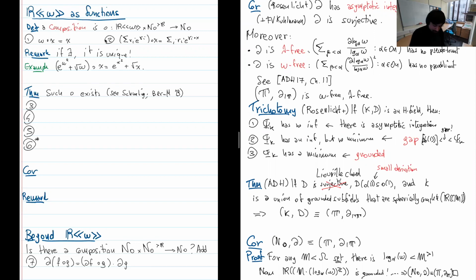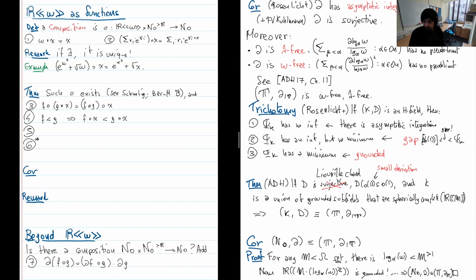So we have extra properties. It exists, but also we have, for example, that it's associative. If you do f composed with g composed with x, you can compose f and g first, and then apply this to x. It is increasing in the first argument.